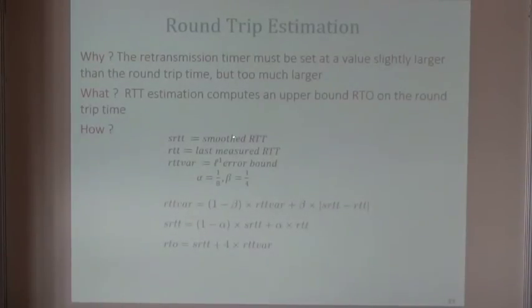So you get from this a measurement which is called RTT, and then you smooth it using this exponentially weighted average: alpha times the measurement plus 1 minus alpha times the previously smoothed value. That's a classical formula for what is called a moving average filter.